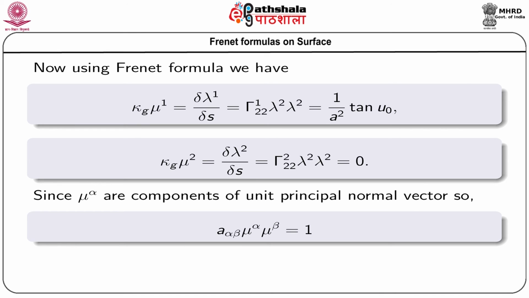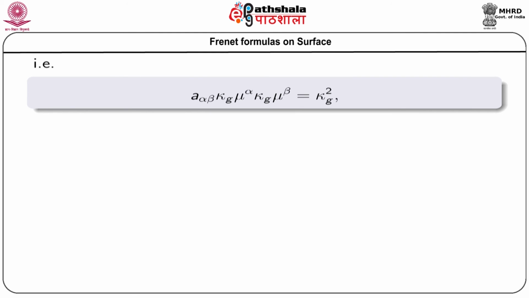Since mu alpha are components of the unit principal normal vector, we can write A alpha beta mu alpha mu beta equals 1. Now, if we multiply by kappa g for both mu alpha and mu beta, we get A alpha beta kappa g mu alpha kappa g mu beta equals kappa g square.